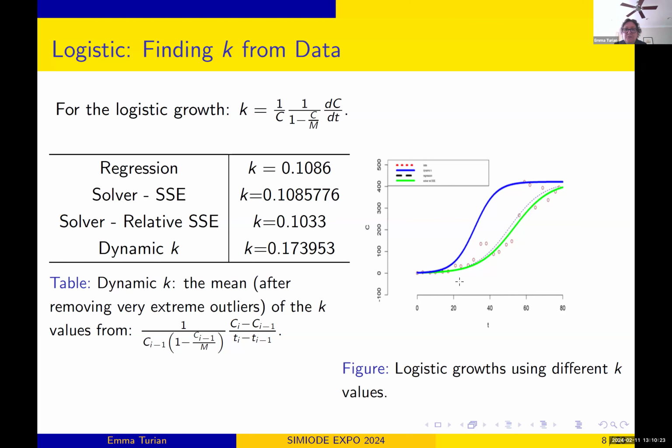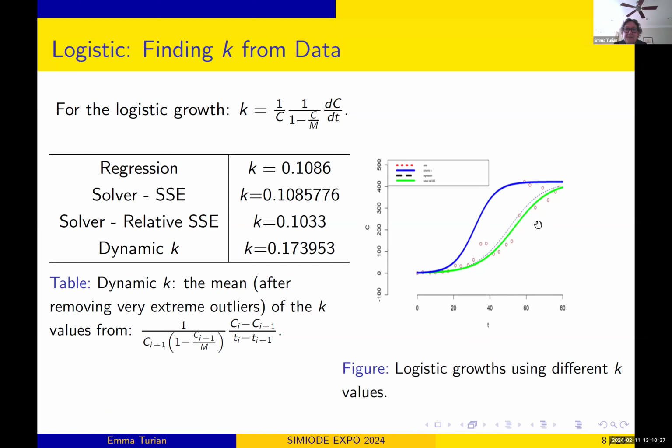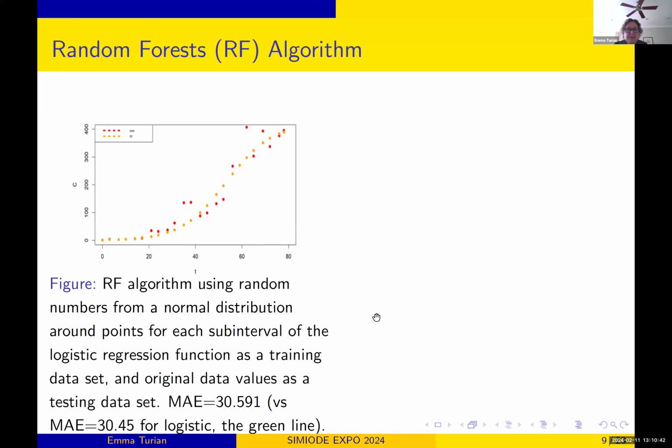So next, I like to dabble somewhere in the field of machine learning. So we use the random forest algorithm, and we take the best fit data from these logistic functions in here, and we build normal distributions within each sub-interval, with the mean being the exact value of the function. And we create a training data set from sampling from a normal distribution.